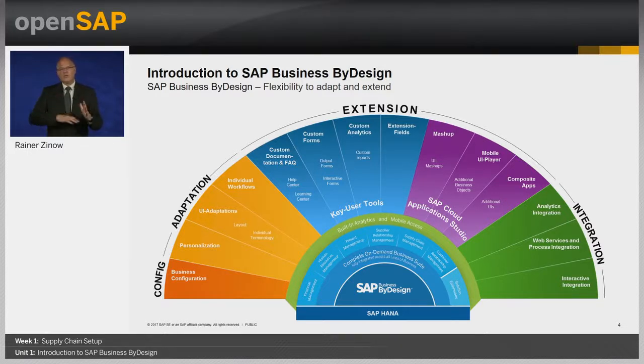And therefore, we drew this fan, which you can see here. In the past, 10 years ago, for everything you needed a consultant. In Business by Design, everything right up to the blue area can be done by a key user. So whether it is business configuration, where you select the business processes which are key to you, everybody can personalize the screens the way they want to have it.